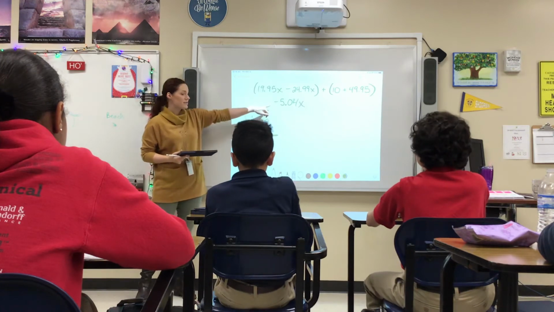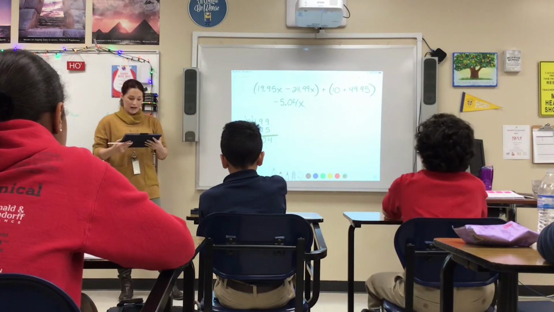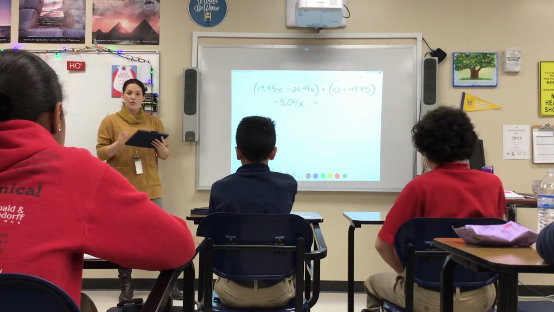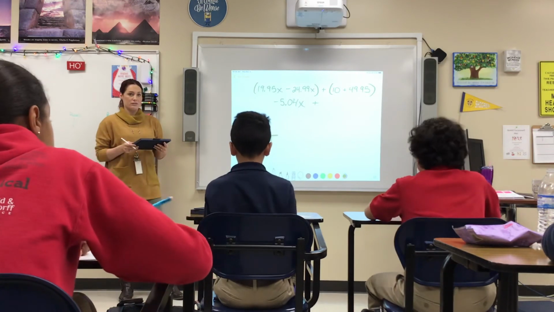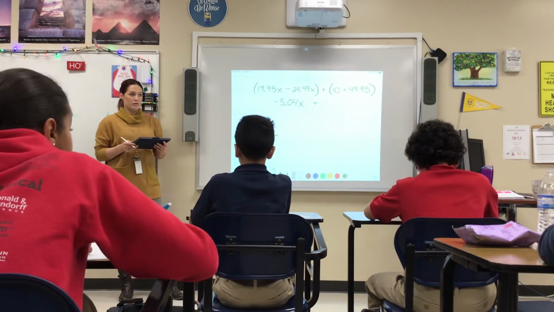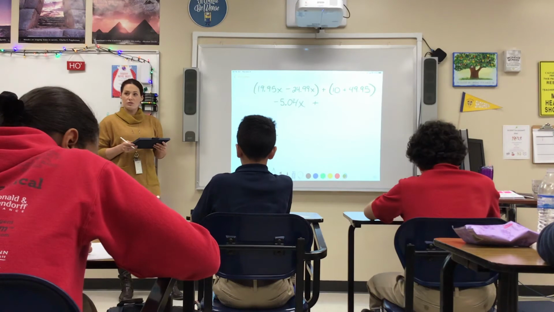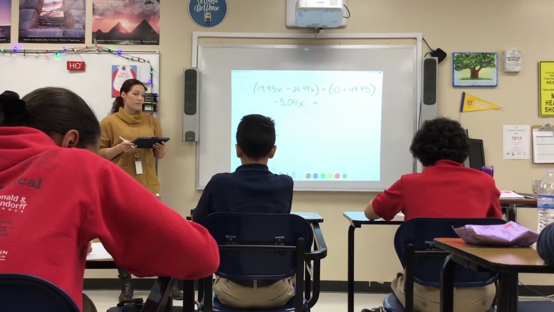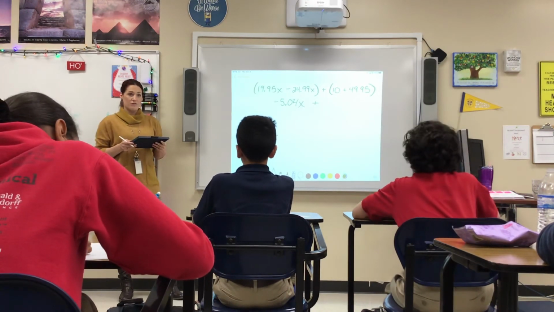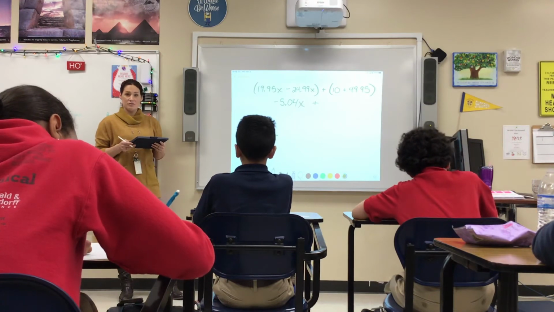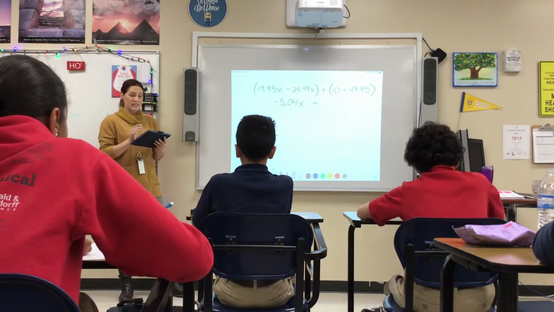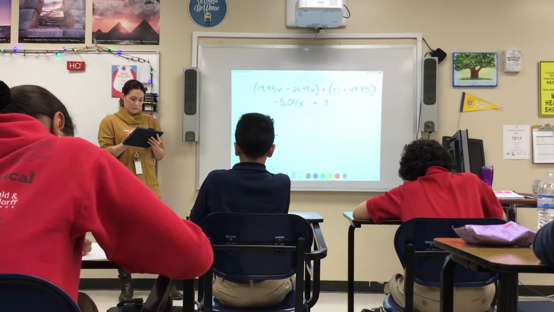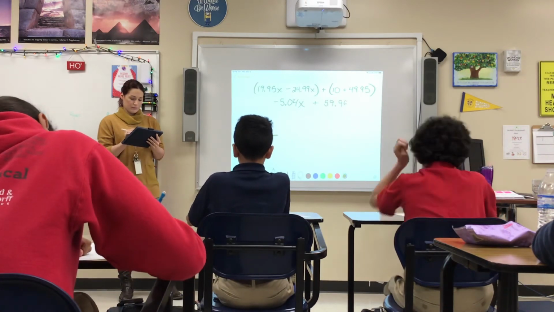The first set of parentheses is negative 5.04x plus, what about the second set of parentheses? You should be able to add that using mental math. So what's 49 plus 10? 59. So it's 59.95.